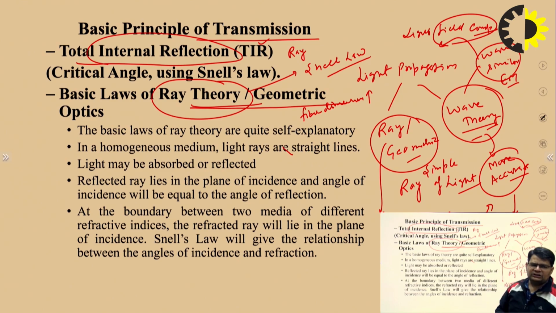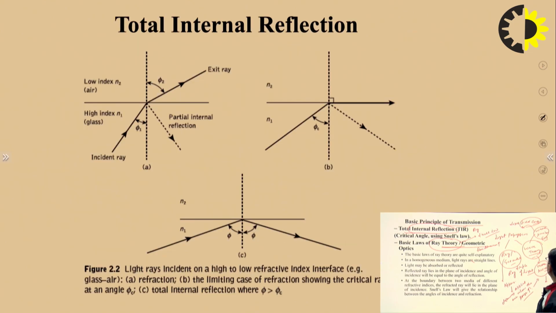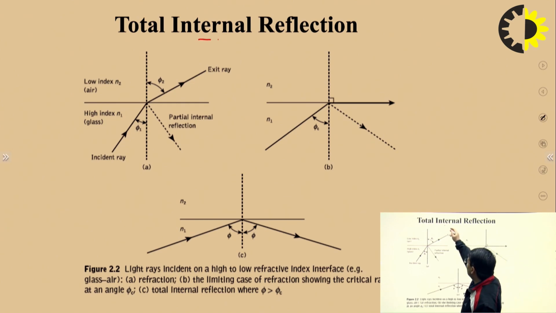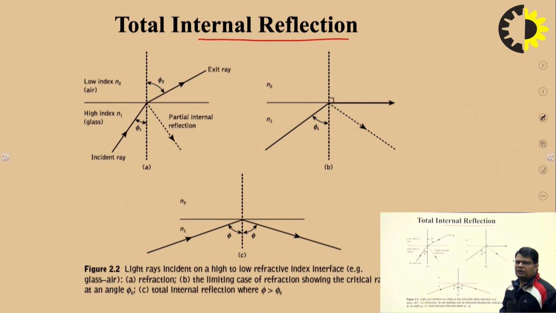Total internal reflection is basically the working principle of optical fiber cable, where the light propagates inside the optical fiber cable due to total internal reflection at the core cladding interface, and light propagates due to multiple reflections at the core cladding interface inside the fiber cable. So here we are discussing the phenomenon of total internal reflection, or the working principle of optical fiber cable.